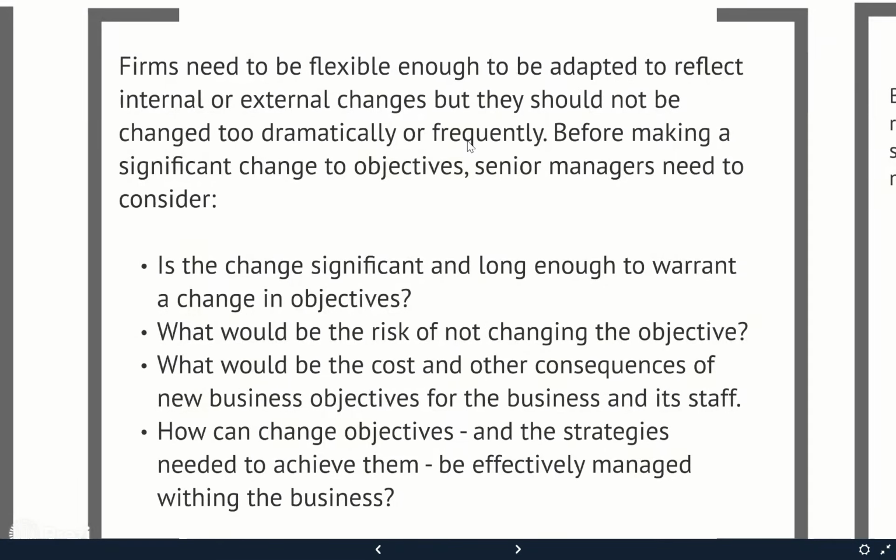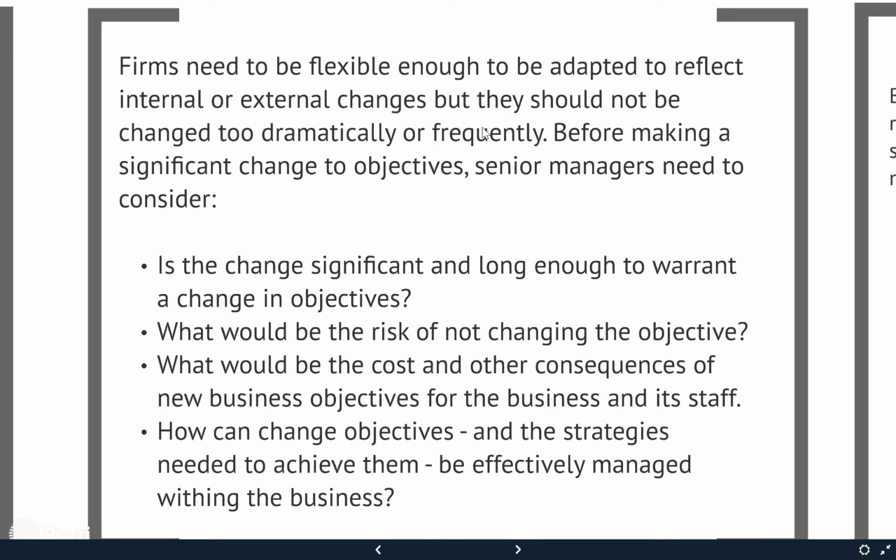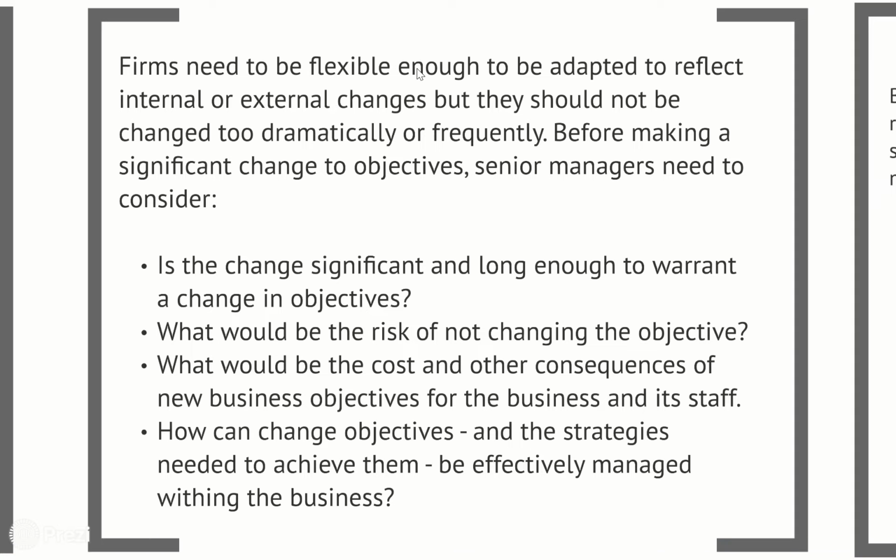Okay, so firms need to be flexible enough to adapt to internal or external changes, but they should not change too dramatically or frequently. Before making a significant change to objectives, senior managers need to consider: is this change significant and long enough to warrant a change in objectives?